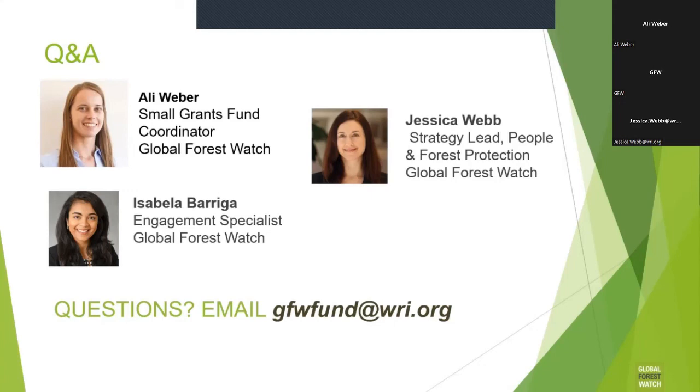But the scope of the Global Forest Watch Small Grants Fund is particularly around using forest change data in order to improve forest monitoring and management and reduce deforestation. So there are really three areas of focus that we're looking for. And this, of course, is in the guidelines for applicants.